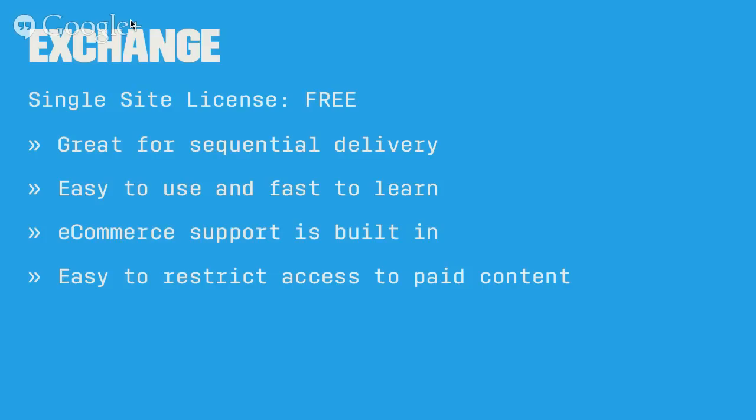It's fast to learn. Like you'll see as we go through this, I haven't even touched it. I installed it on the default installation, but we're going to turn the plugin on for the first time, and we're going to set up different membership levels and restrict different content and stuff like that. E-commerce is built in, so Exchange is basically the e-commerce package that IThemes uses, and so e-commerce is built right in.